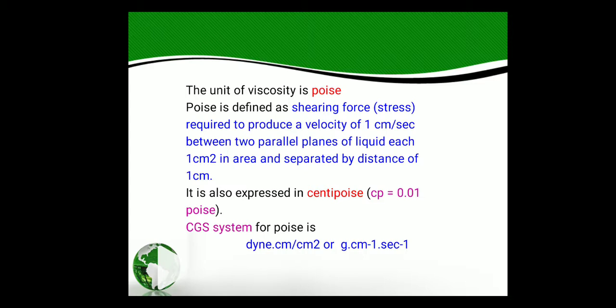It is also expressed in centipoise, which is converted into poise also. Means 1 centipoise is equal to 0.01 poise. The CGS unit for poise is dyne per centimeter square or gram per centimeter per second.